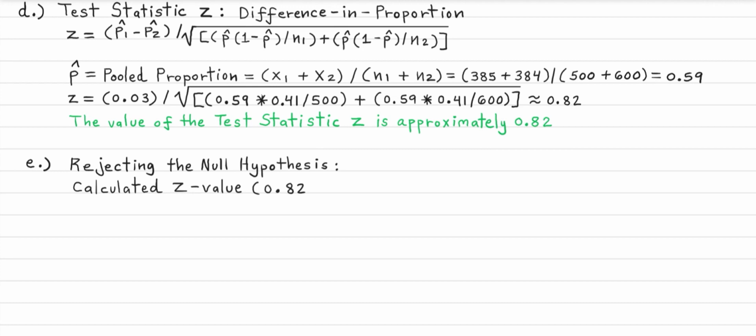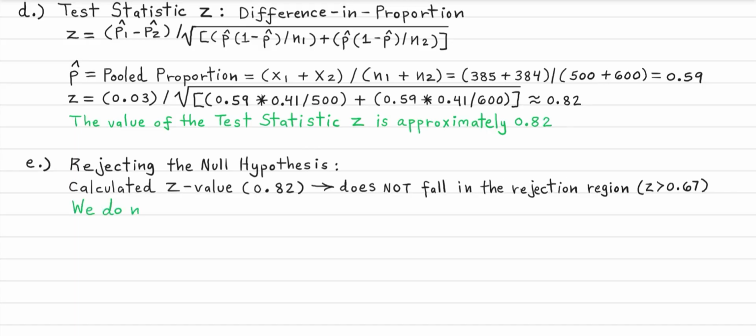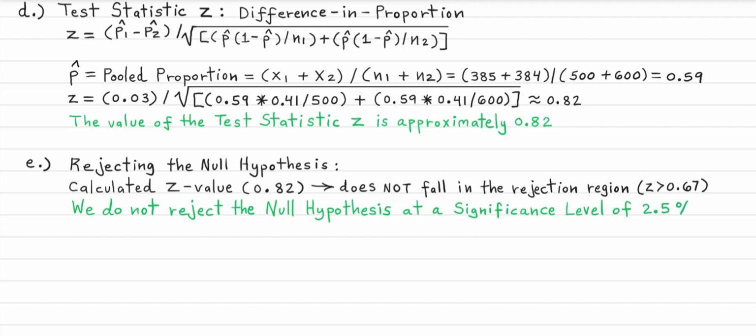So the calculated z-value is 0.82, and this does not fall in the rejection region, i.e. z is greater than 0.67. So therefore we do not reject the null hypothesis at a significance level of 2.5%.